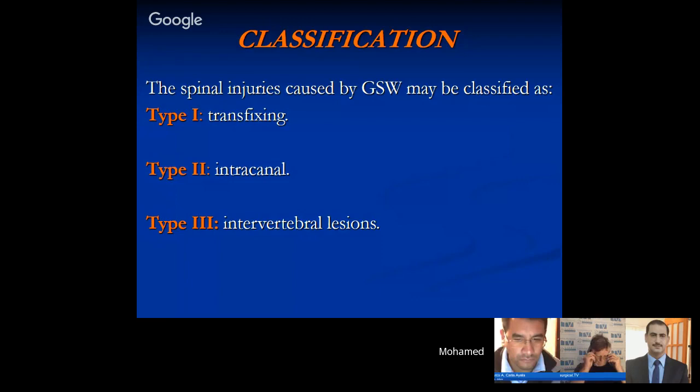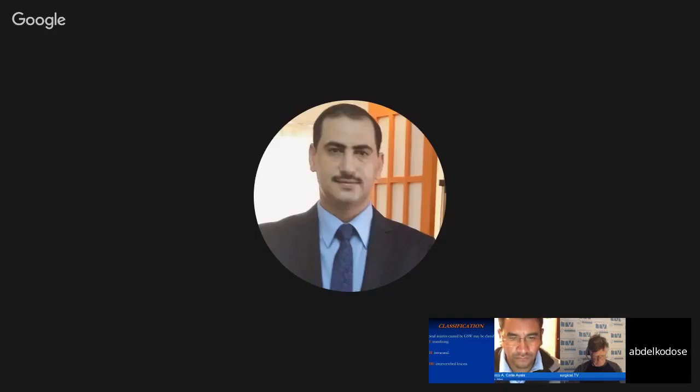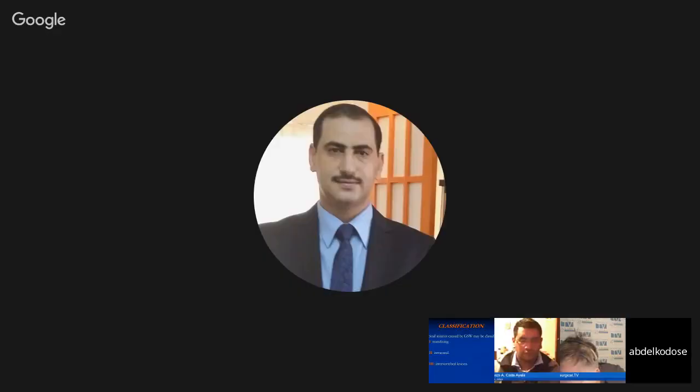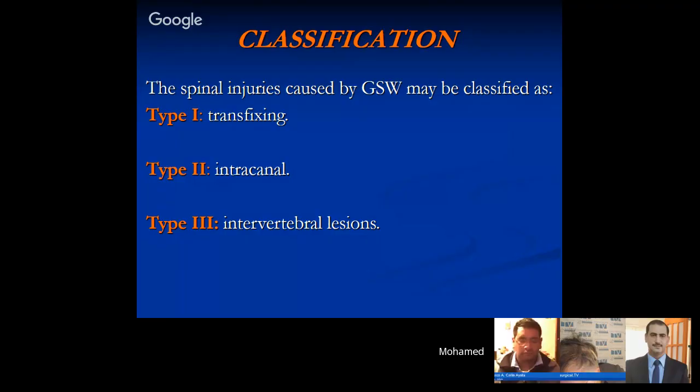About classification of the penetrating spinal injuries or gunshot to the spine. This classification has type 1, type 2, type 3. Type 1 is transfixing or small fragment in the spinal column and the bullet goes out.